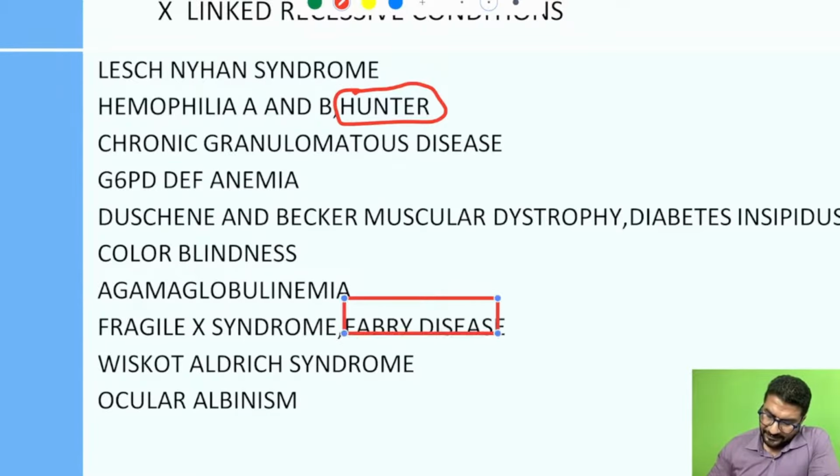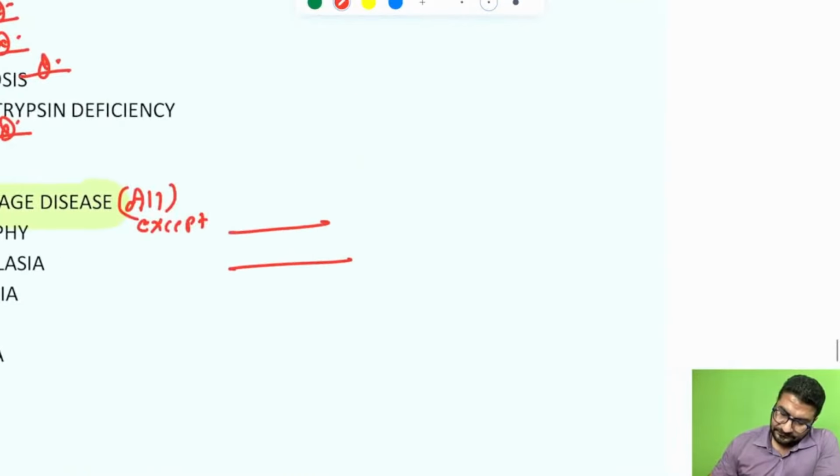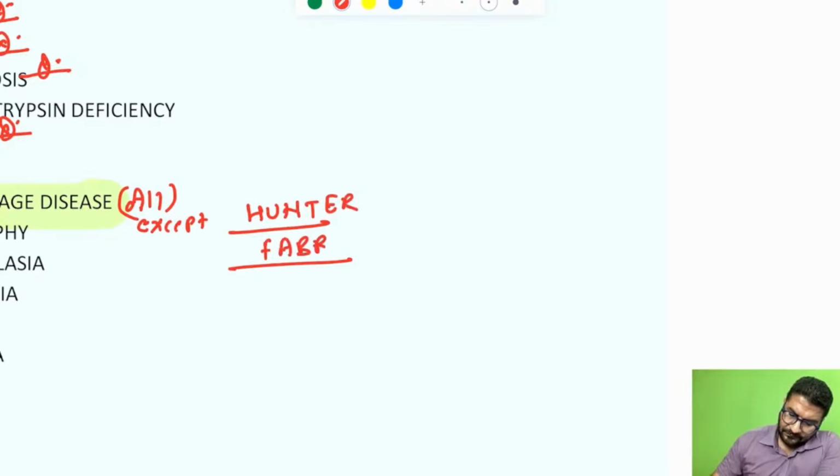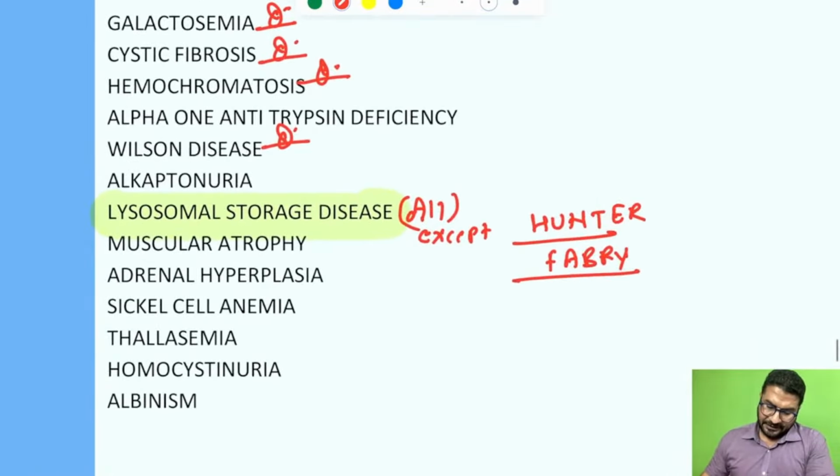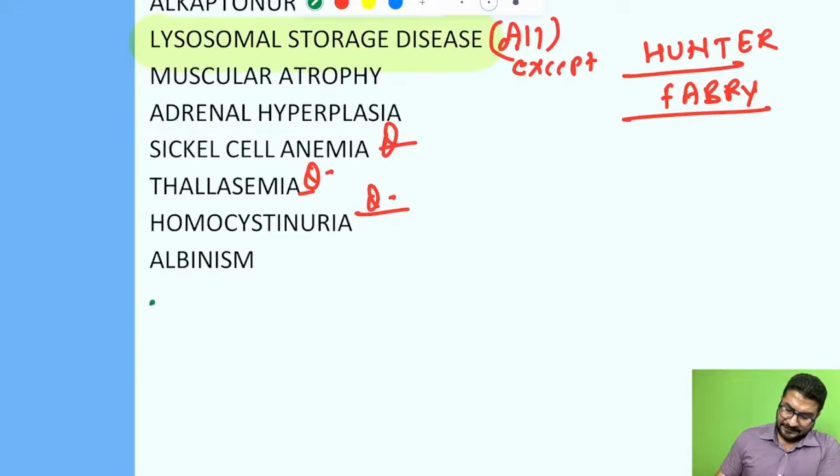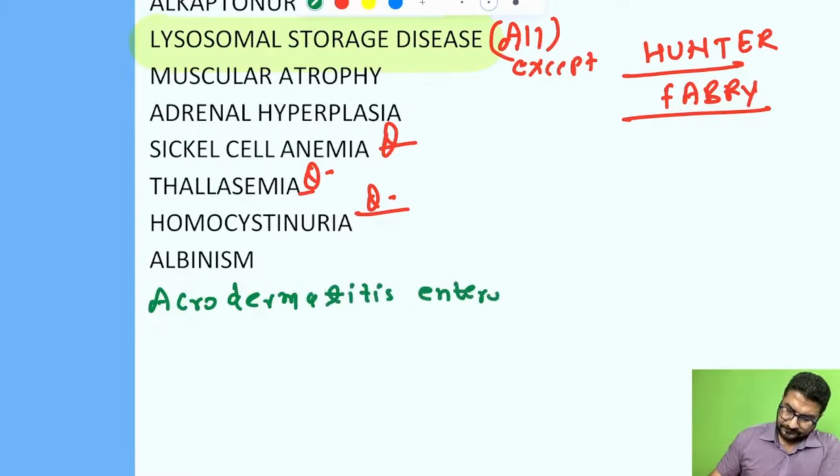So Hunter और Fabry को छोड़ के बाकी सारी कैसे? Autosomal recessive except Hunter and Fabry. Then you can notice sickle cell anemia came, thalassemia came, homocystinuria came. एक और one more they ask you like acrodermatitis enteropathica.